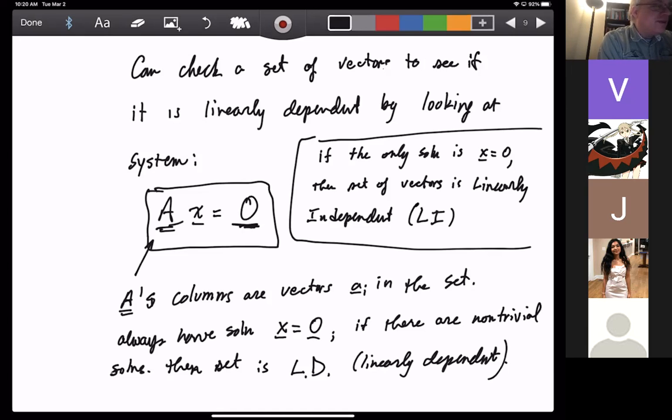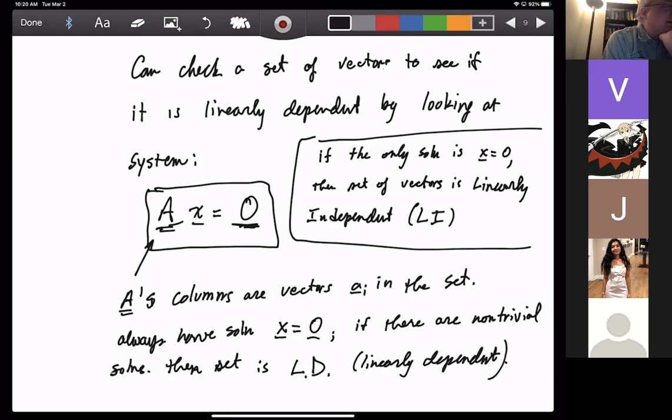There are no free variables. Every column is a pivot column in terms of what happens when you get the matrix to its RREF. And if there are non-trivial solutions, so there's some solution other than the 0 vector, then the columns of this matrix A are linearly dependent.